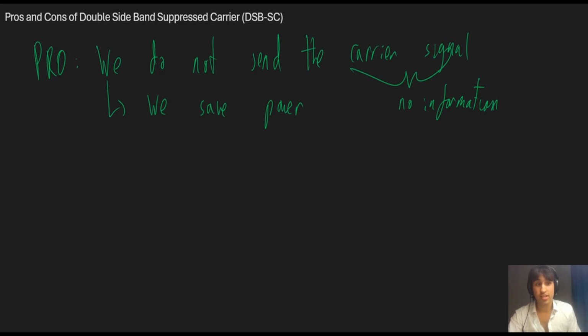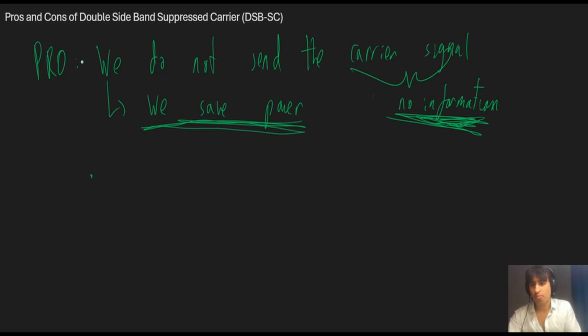So because we don't send the carrier signal, because the FC term does not exist, we are saving a lot of power. In other types of amplitude modulation, we actually send the carrier signal, so we waste a lot of power on just the carrier signal, and the carrier signal carries no information, so it's useless. So the fact that double sideband suppressed carrier does not send the carrier signal, that means we save a lot of power.